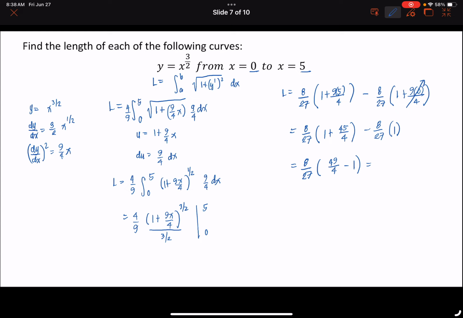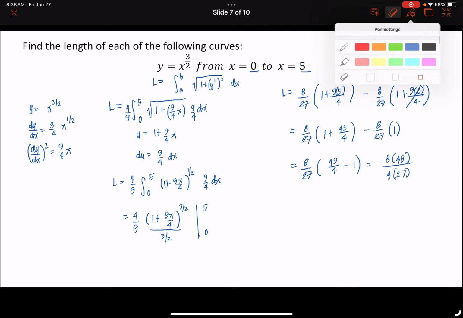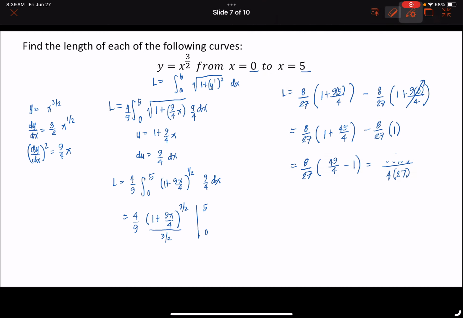Sorry, 49 minus 4 is 45. So we have 8 times 45 over 4 times 27.